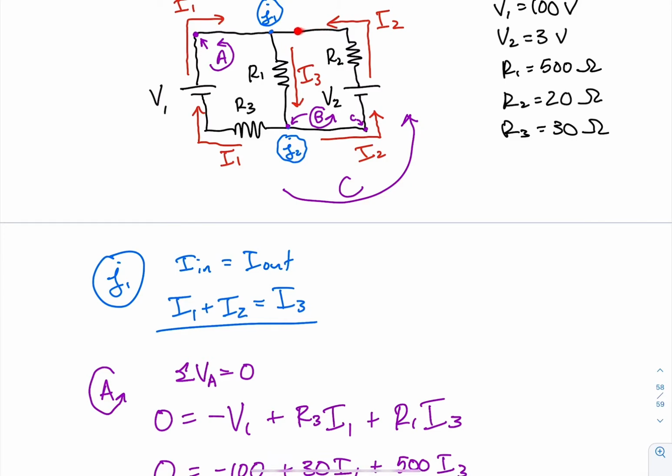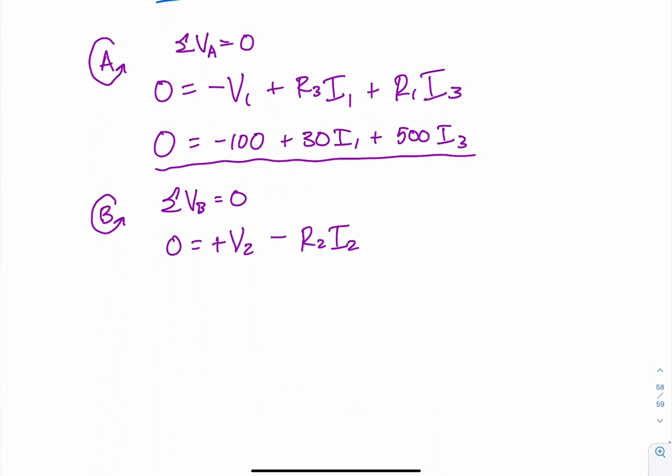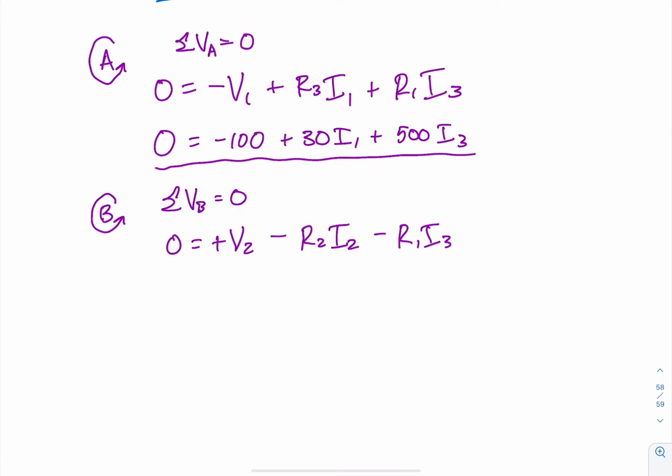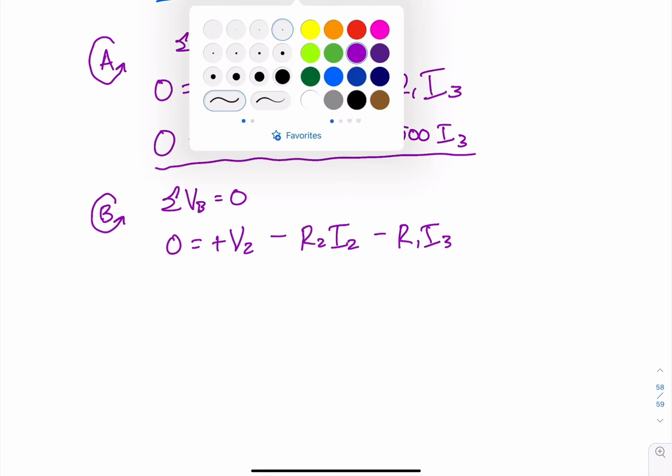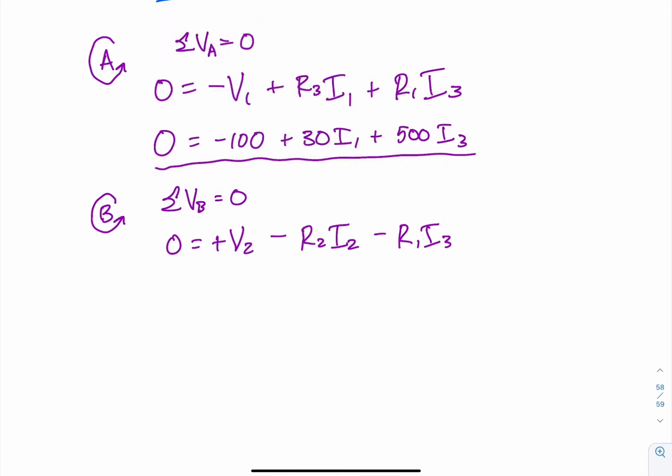And then we're going to continue on and go through R1 in the same direction as I3. And so we'll have to subtract R1I3. And those are the three potential differences or voltage drops that we need to sum to 0. And I'm going to do the same thing where I input the values.